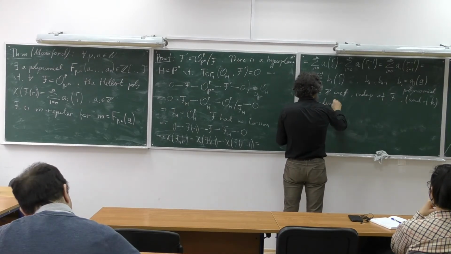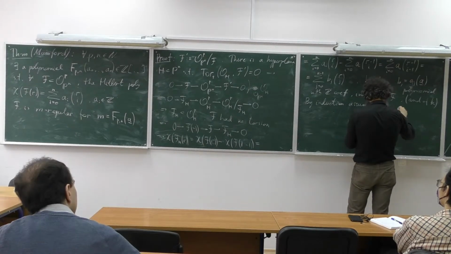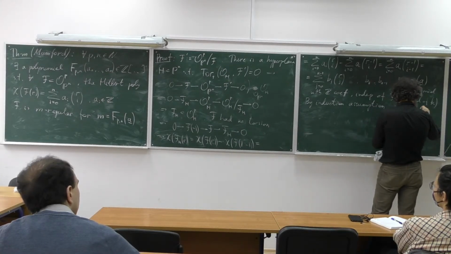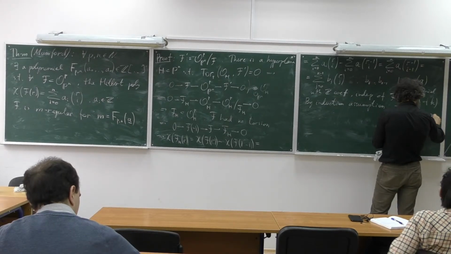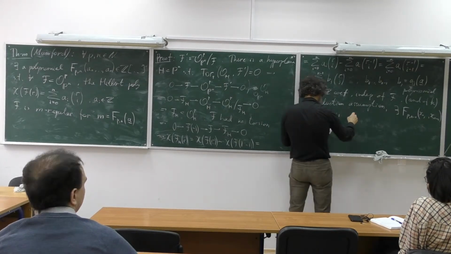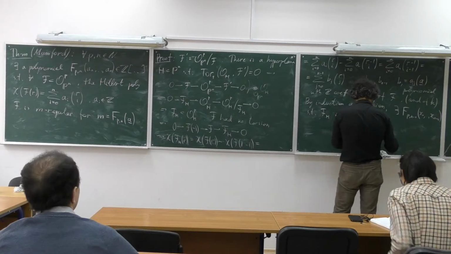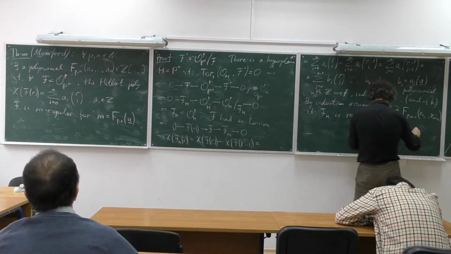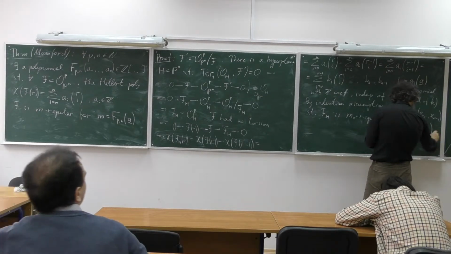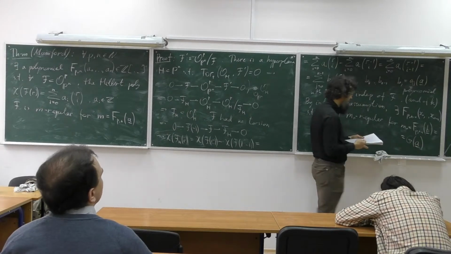Fine. So by induction assumption, there exists some polynomial F_{P^{n-1}} of n variables such that F_H is m regular, so let's say m_0 regular for m_0 equals F_{P^{n-1}} of those b guys, and then we can rewrite it as certain polynomial g of the a guys, because b's are functions of a.